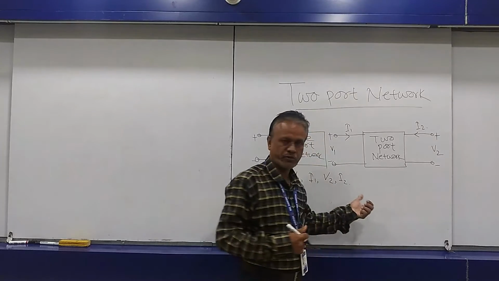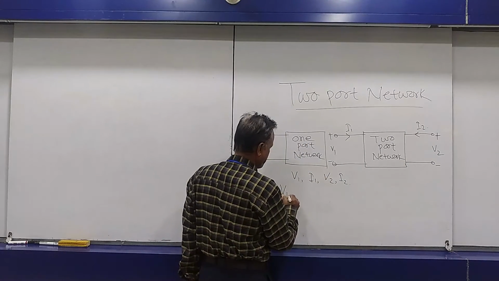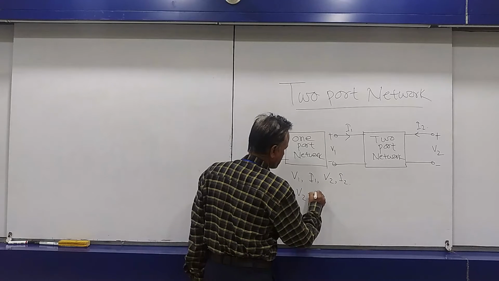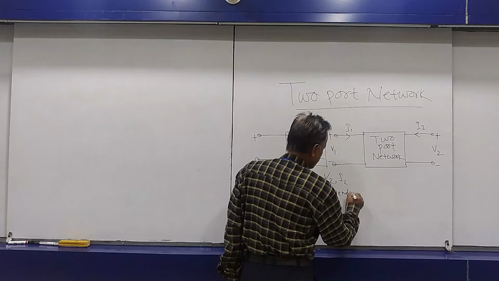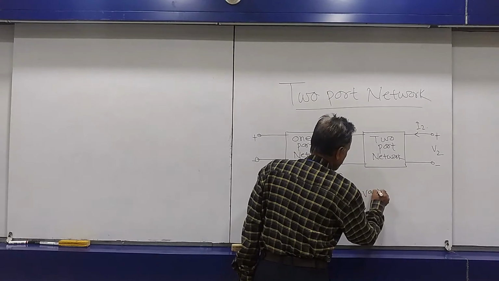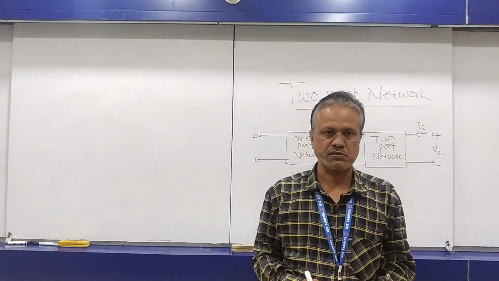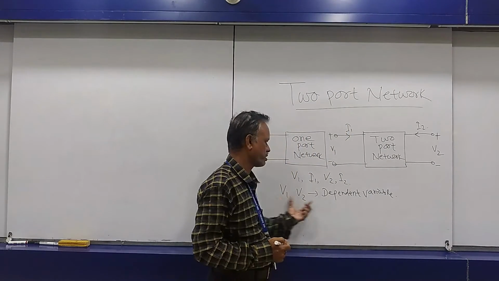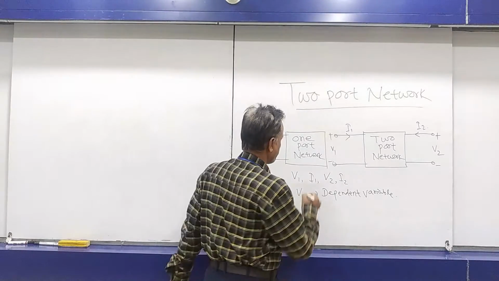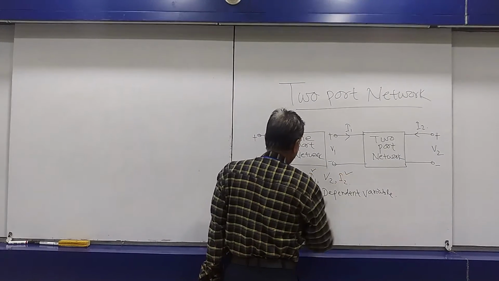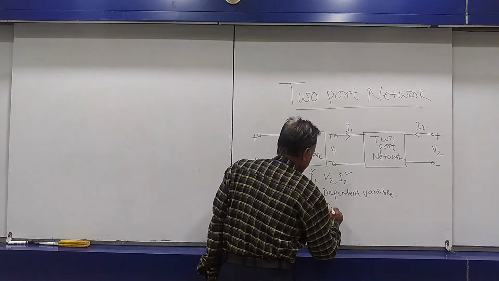Out of these four variables, two are dependent variables, like V1 and V2. That means they can depend upon some other factors. That is why those variables are known as dependent variables. Similarly, the other two, that is I1 and I2, are called the independent variables.